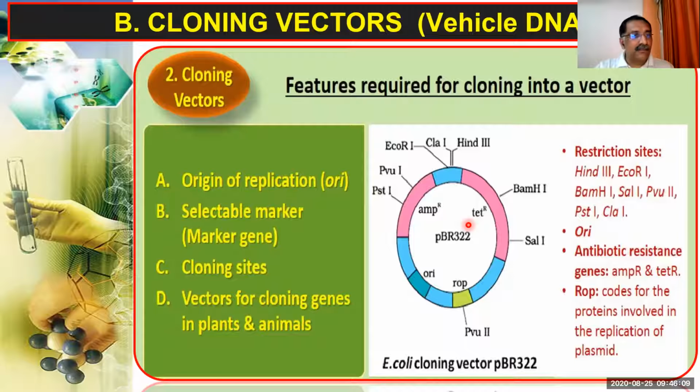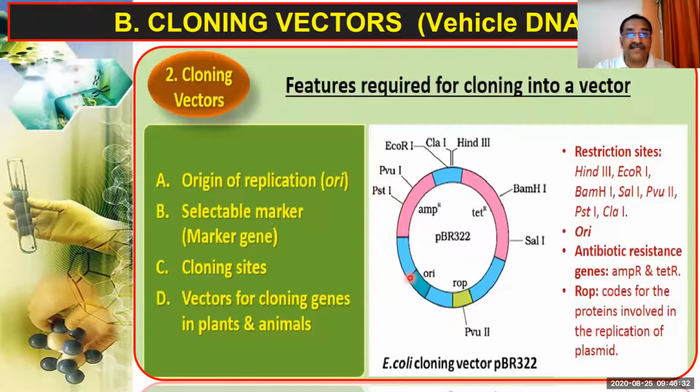Number one, they should have an origin of replication. That means if you look at the plasmid, somewhere in it ori is written. Ori is the replicating part. So here the ori is written over here. This is the ori gene, and this gene must be there.